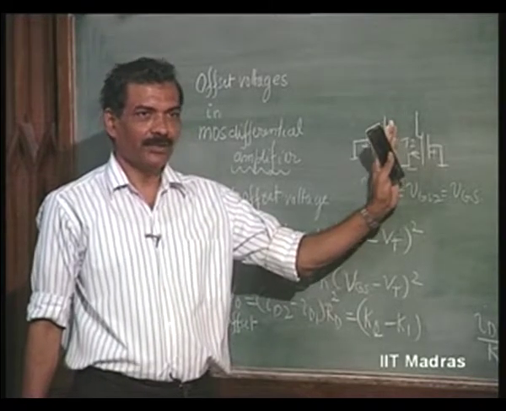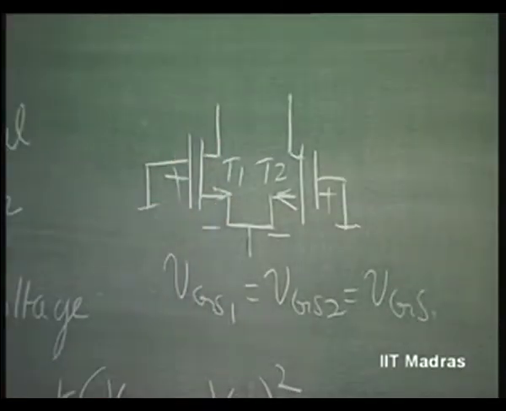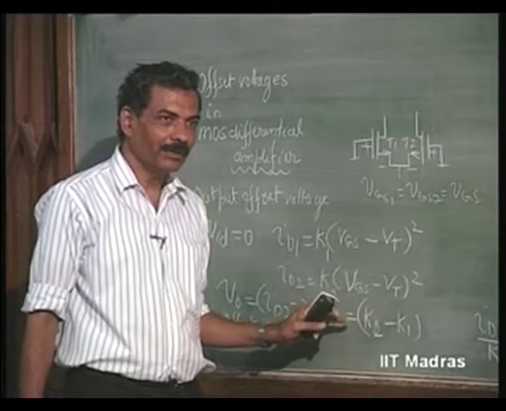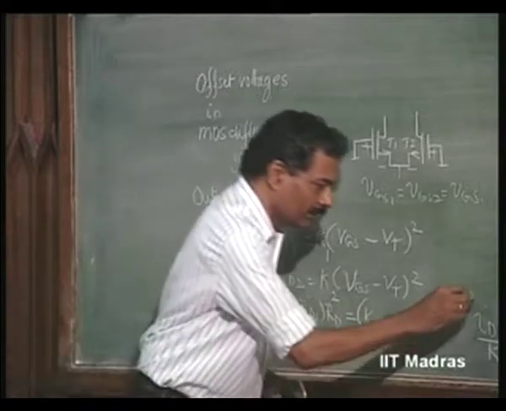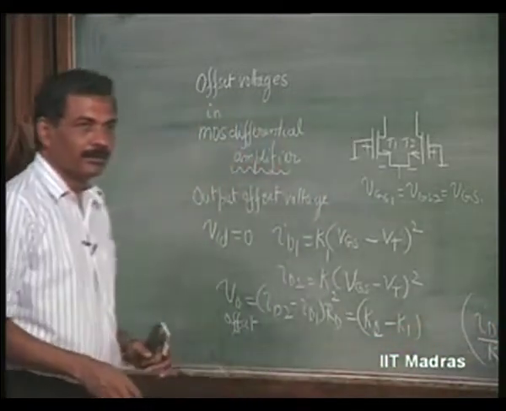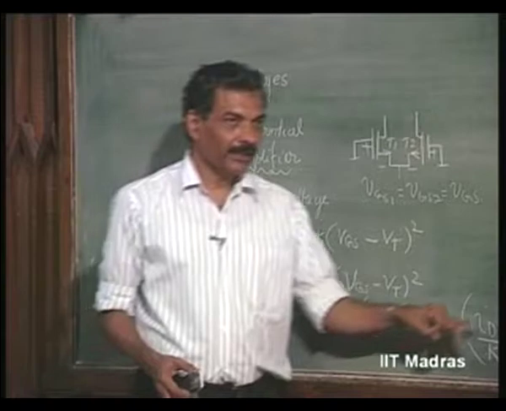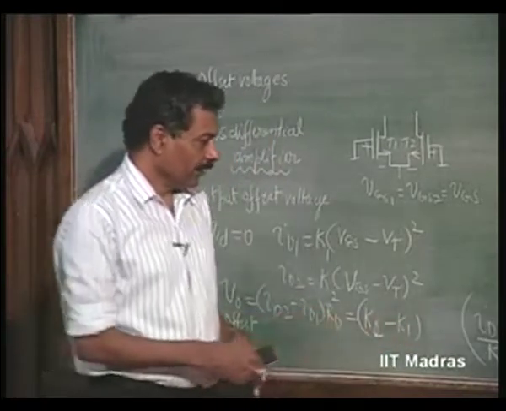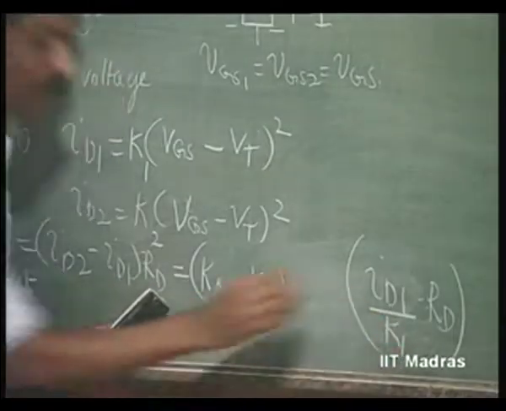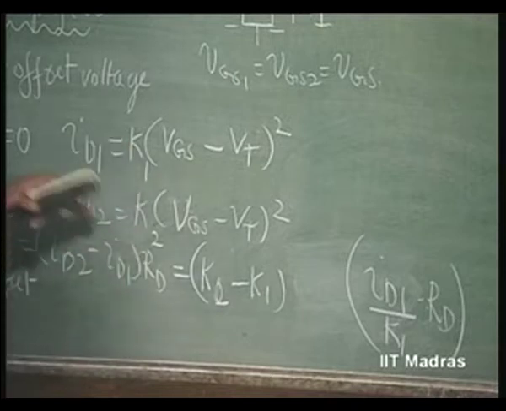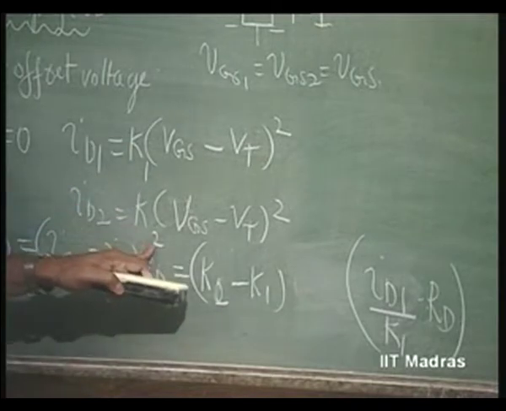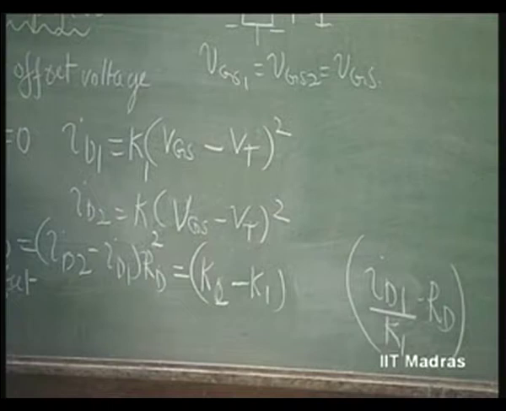It is going to be slightly different because of the fact that K1 is going to be different from K2. So, ID1 by K into RD, K1. ID1 by K1 or ID2 by K2 is equal to this. So, this is the output offset. Is it clear?